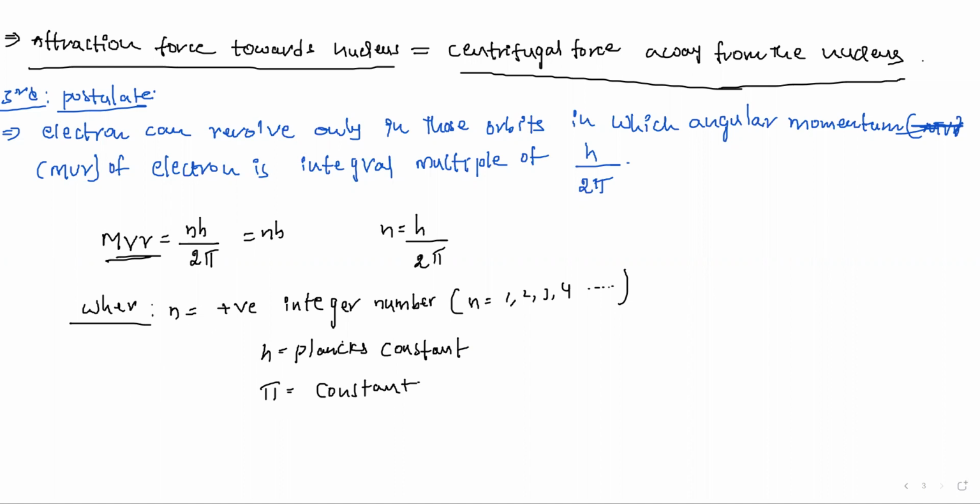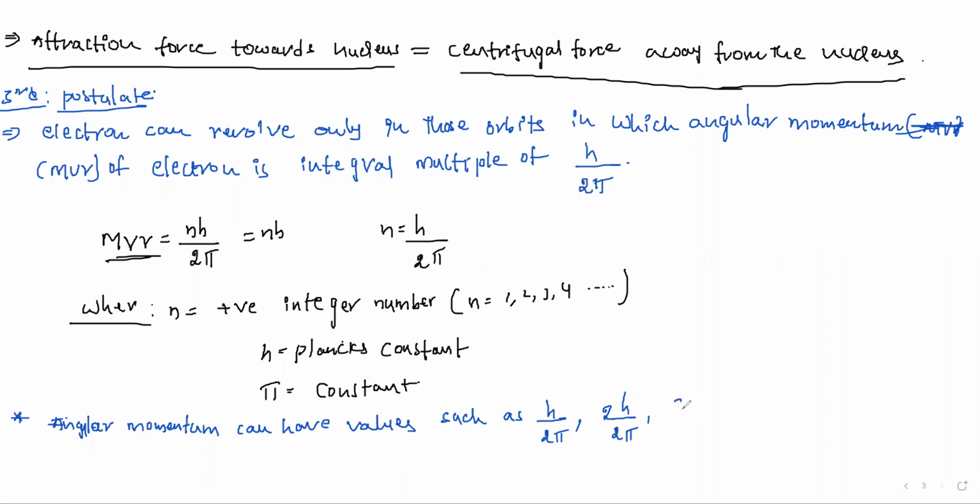So that means the angular momentum can have values such as h by 2 pi if n value is 1. If n value is 2, 2h by 2 pi.